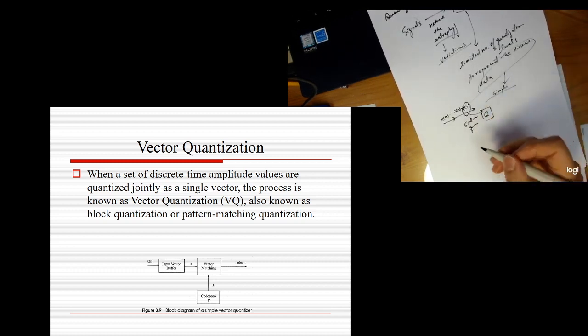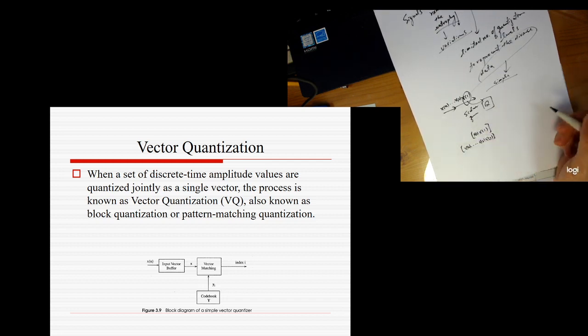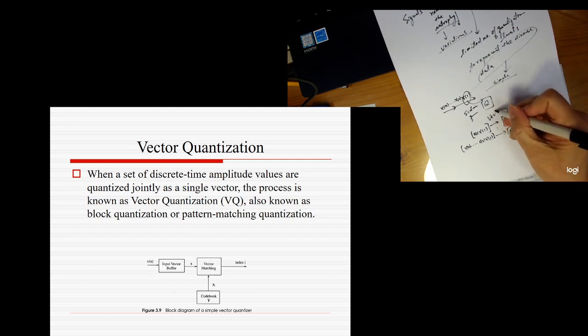Vector quantization considers two or more data together as a vector and does the quantization on them. We call this vector quantization.